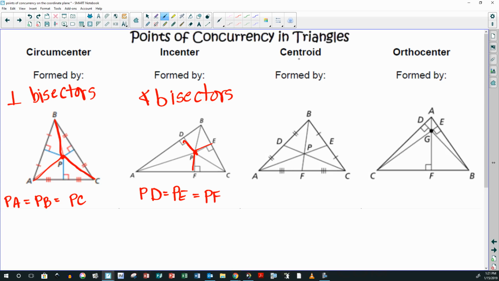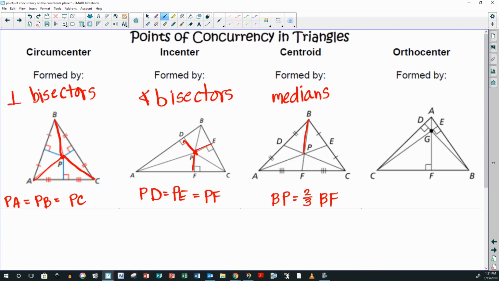The rule for centroids, remember they are formed by our medians, is that the part from the vertex to the centroid, so your BP, is 2/3 of the entire median. Okay, that was the rule.